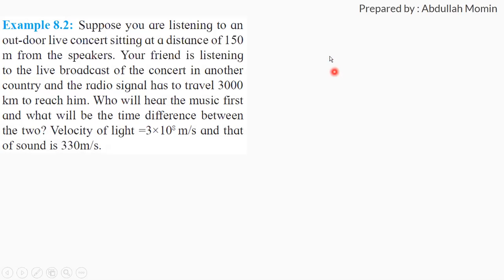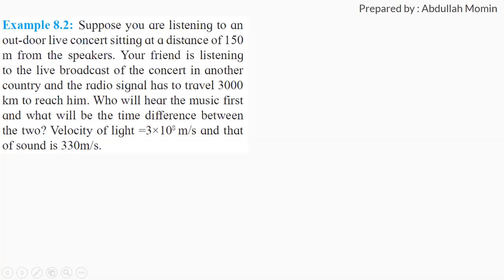Now next question, that is example 8.2. Suppose you are listening to an outdoor live concert sitting at a distance of 150 meter from the speaker.